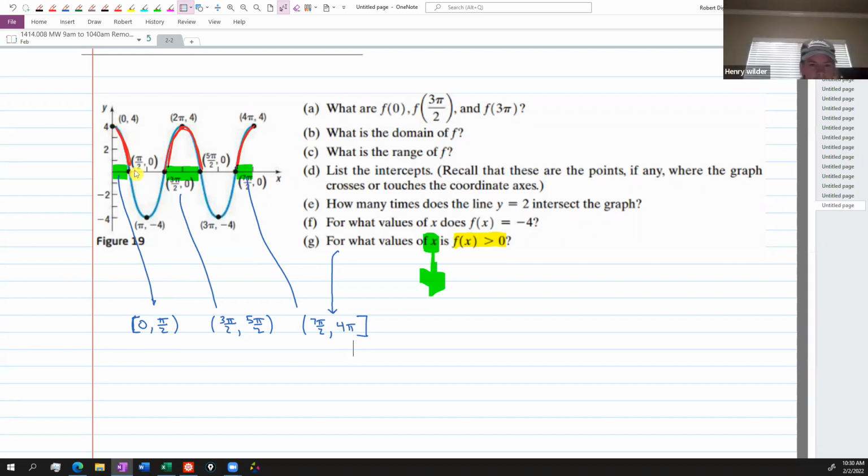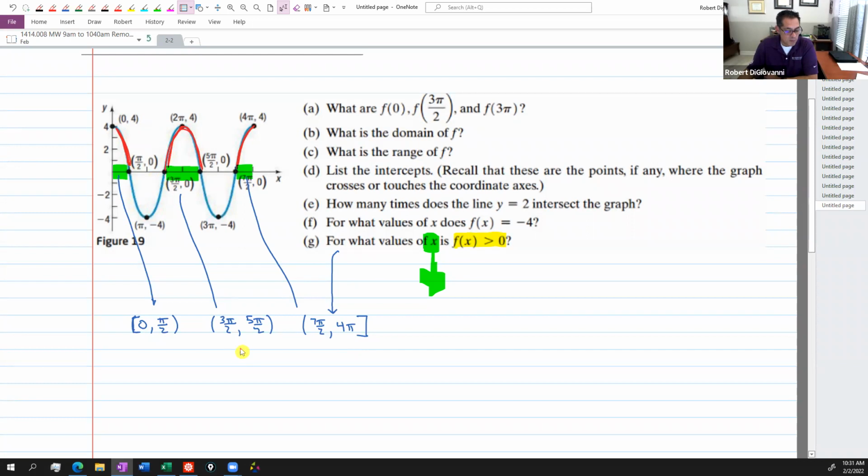Well, isn't that an x-intercept? Isn't the value of the function 0 there? Is 0 positive? No. So I do not want to include pi over 2 because it's only between 0 and pi over 2, right up to pi over 2, not actually pi over 2 itself.